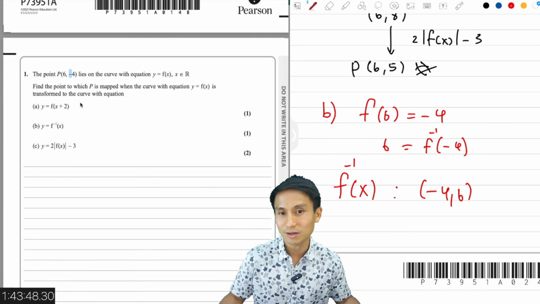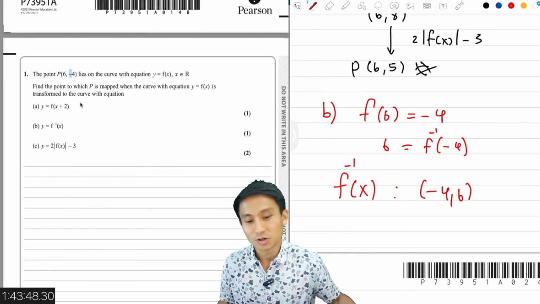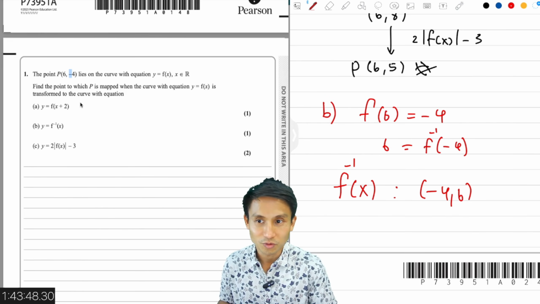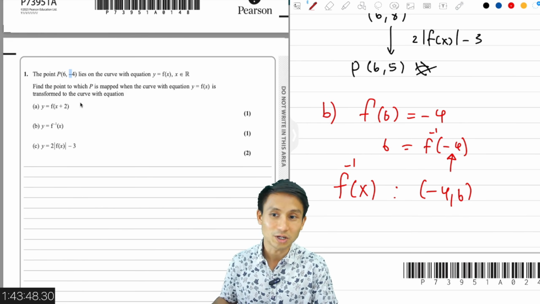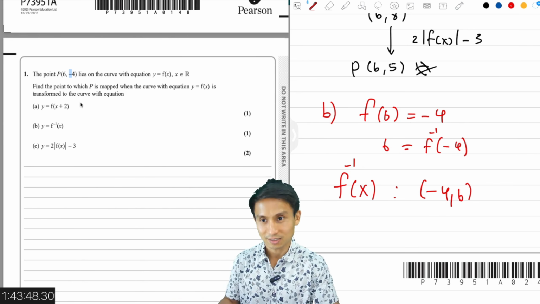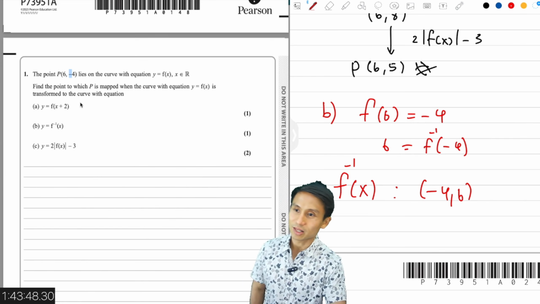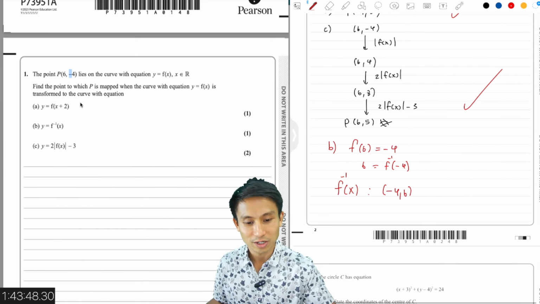That's one way to think about it. If you put -4 in the f inverse, you get 6, so x equals -4 and y equals 6 would lie on that inverse function.